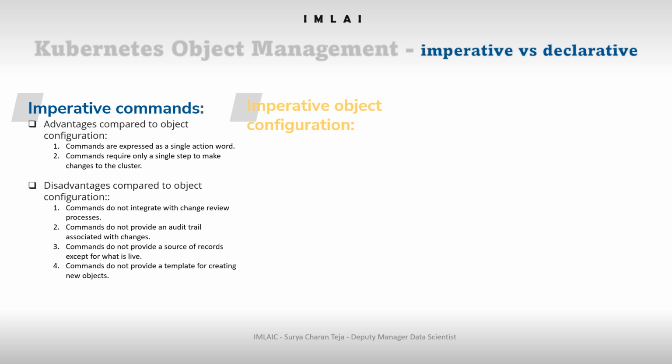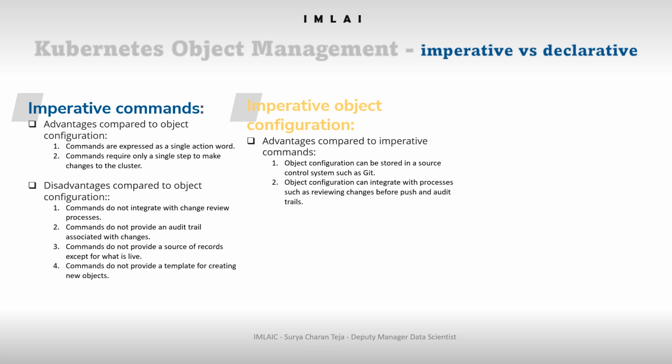And imperative object configuration, the next one. The advantages of imperative object configuration compared to imperative commands are object configuration can be stored in a source control system such as Git, whereas with imperative commands it is not possible. Object configuration can integrate with processes such as reviewing changes before push and audit trails.